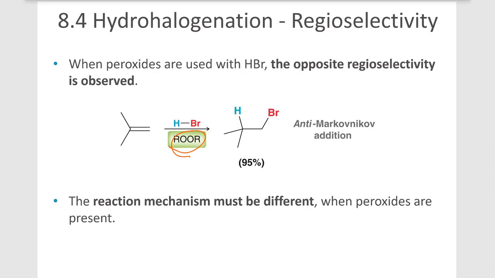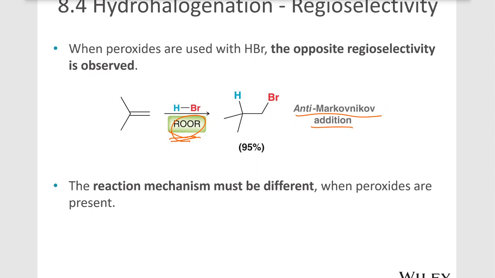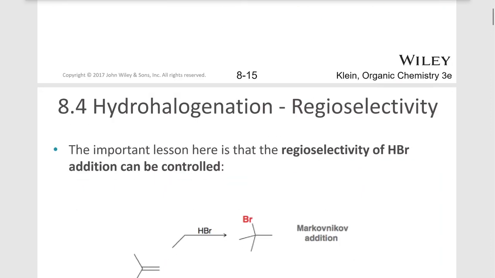The hydrogen goes to the more substituted side, and the bromine goes to the less substituted side if you have a peroxide catalyst present, and that's called anti-Markovnikov addition. Now this reaction goes through a radical mechanism, and we will look at that mechanism when we get to the chapter on radicals. So it has a different mechanism, but for right now, know that you get the opposite regiochemistry if you have peroxides in your flask. Okay?